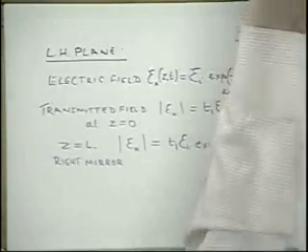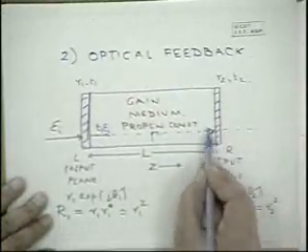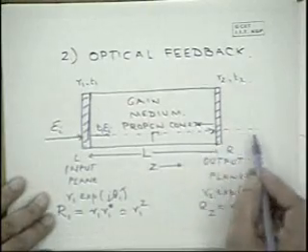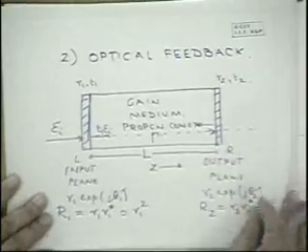Now what happens here? We are interested in the light reflected back into the cavity. Here the reflection coefficient is R2 at the right-hand mirror.